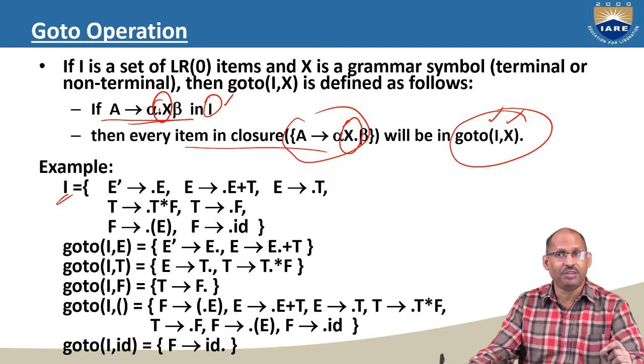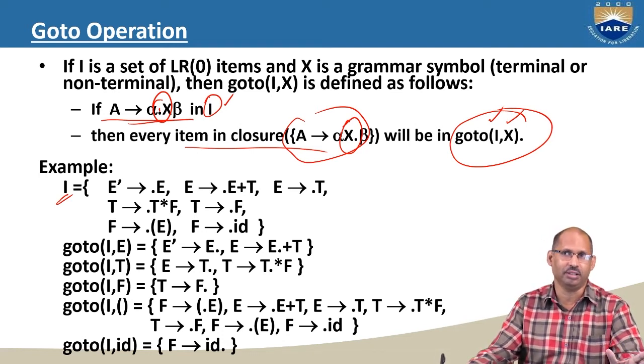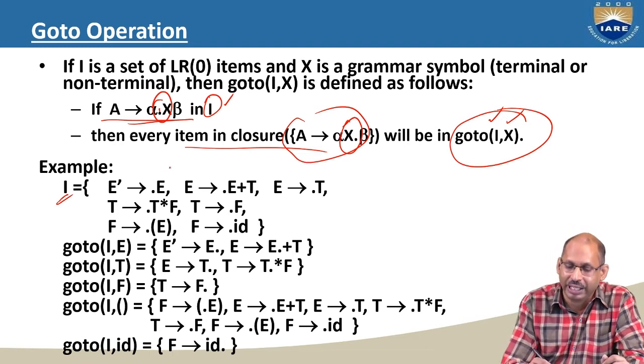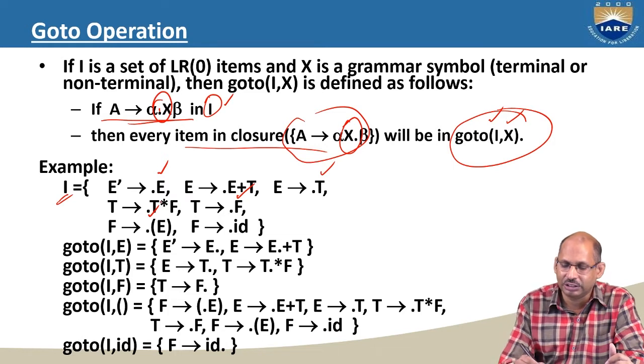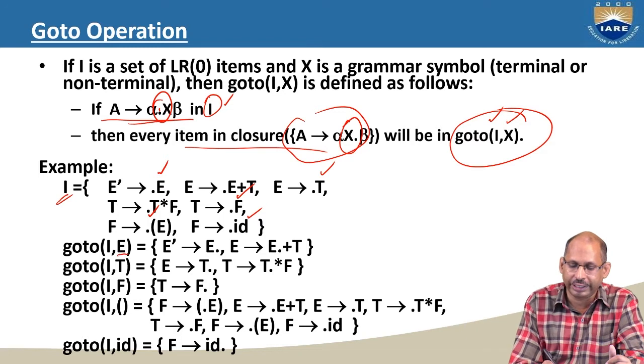The dot might be followed by a variable or a terminal. Then this closure I will have transitions on the Goto operation for each variable and terminal. So there will be a transition on E, on T, on F, on the left parenthesis, on ID.